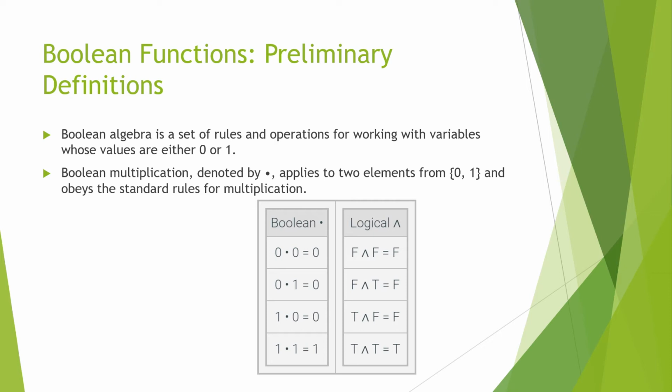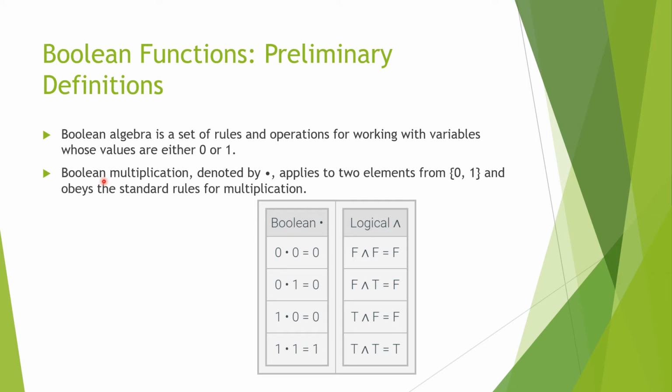Boolean algebra is a branch of algebra that contains a set of rules and operations for working with variables whose values are either 0 or 1. So Boolean algebra is a set of rules and operations that work on Boolean variables.